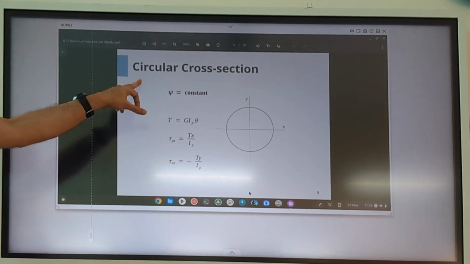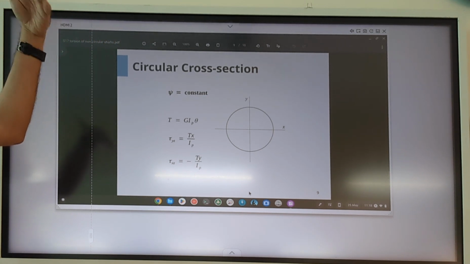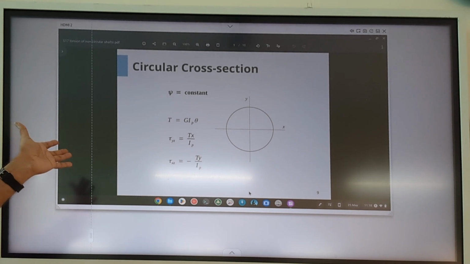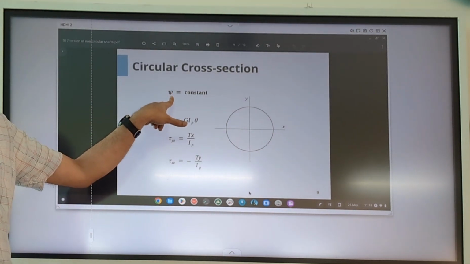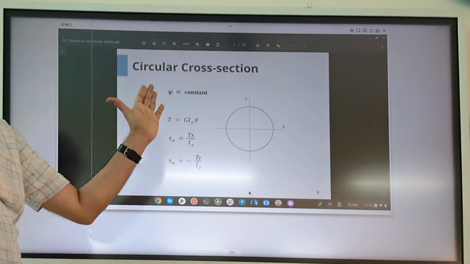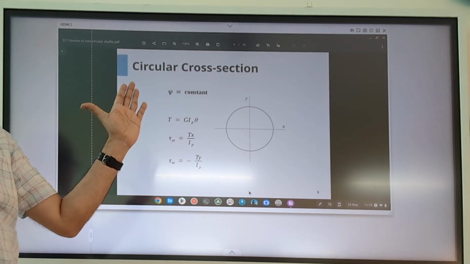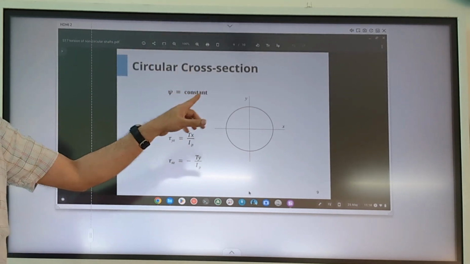For the circular cross section, which you already learned in the previous semester, you were able to derive those equations without doing all these complicated things because the warping function there is constant. The warping function, as you remember, gives you the axial displacement of the cross section.